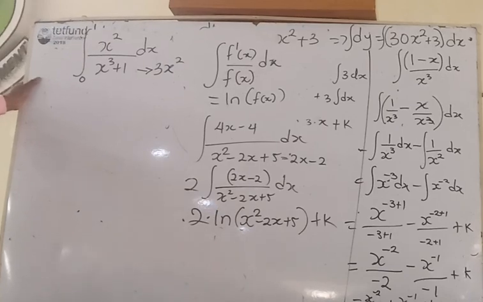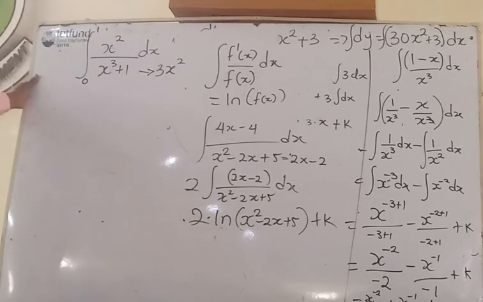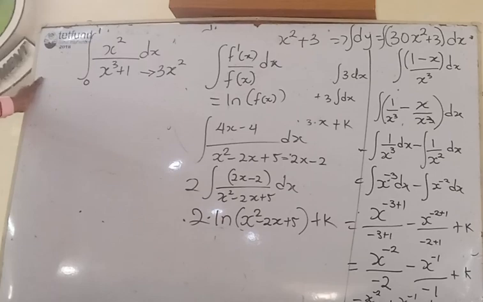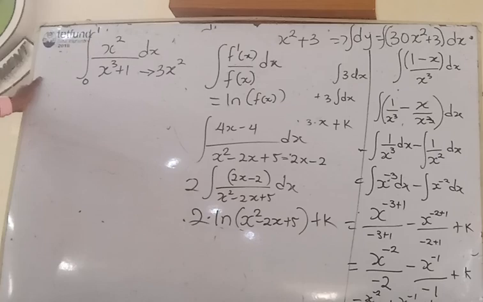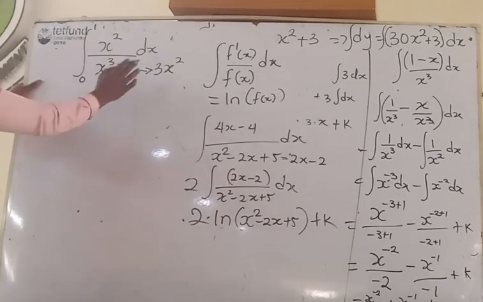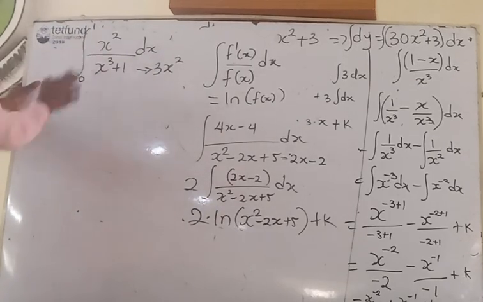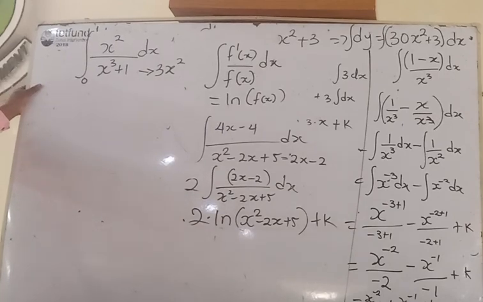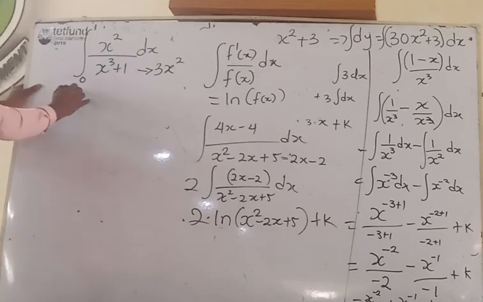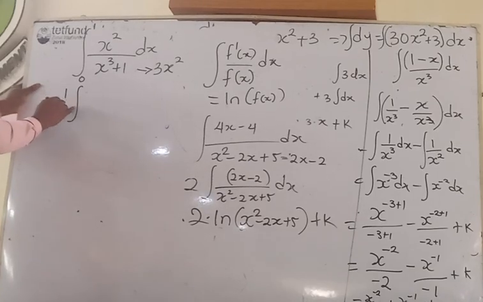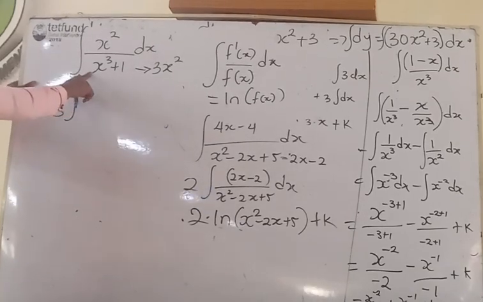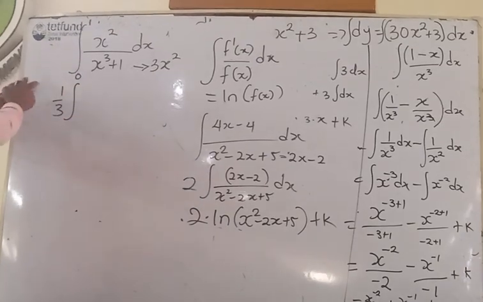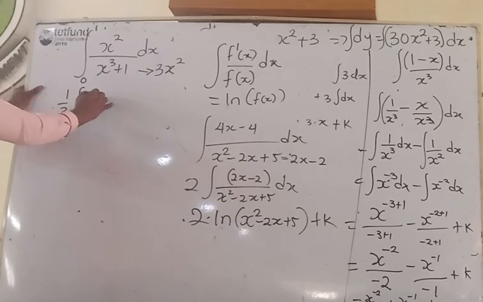So what do you think we can factor out so that it will look like the denominator? What can we factor out so that if we differentiate this guy, it will look like this guy? 3. So I can factor out 1 over 3, since the 3 is down here, right? So if I put 1 over 3 outside, this thing is the same thing as what?